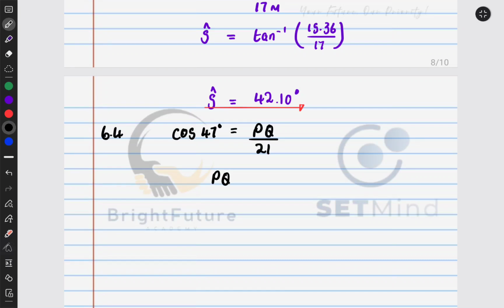Therefore PQ is equal to 21 multiplied by cos 47 degrees, which is 14.32 meters.